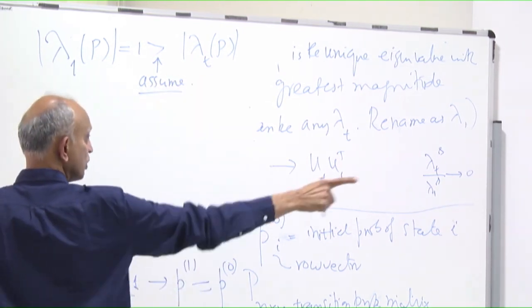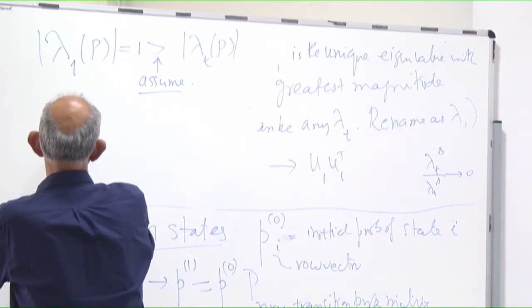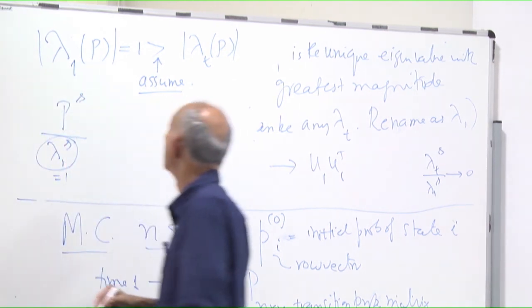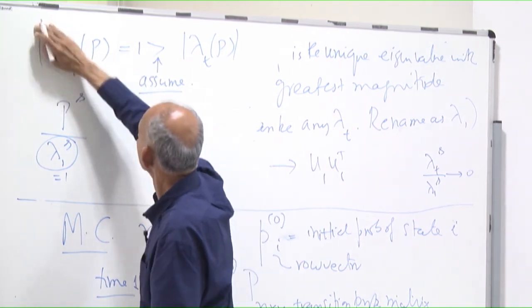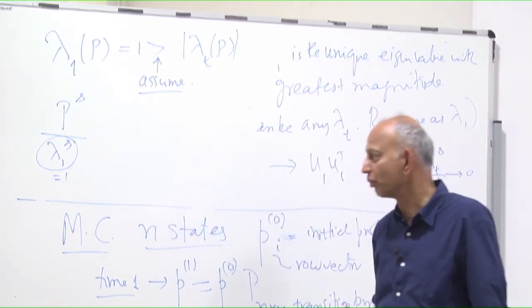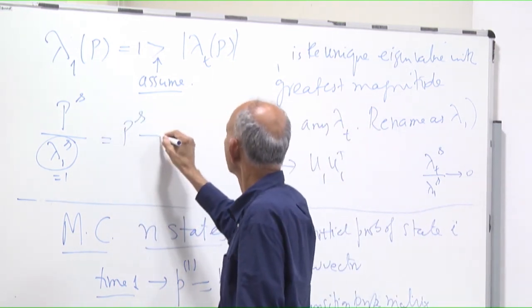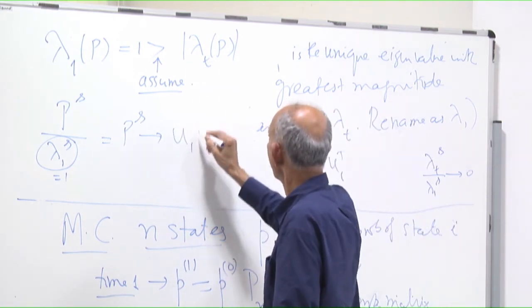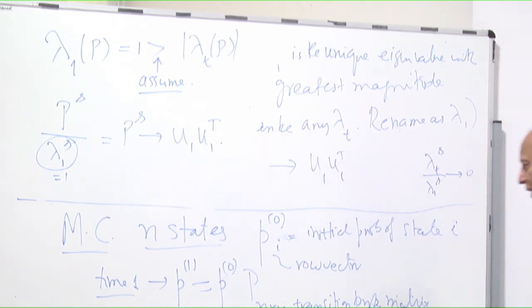Then we see from there P to the s divided by lambda 1 to the s, but this is just 1. Sorry, lambda 1 is 1 exactly, not absolute value. Okay. So this is just 1 that's equal to P to the s, and that converges to just some top eigenvector, rank 1 matrix.